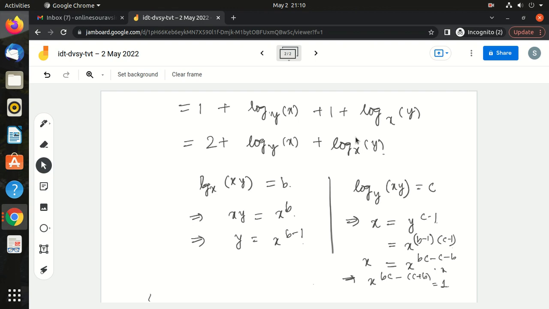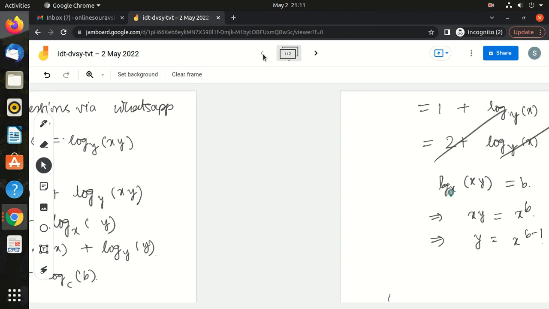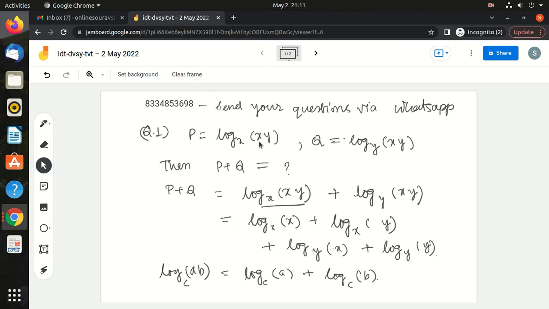Are you there? Can you explain the last 3 steps again? So what I get here, you forget all these things, okay? If you look at the question, go back, P equal to log x of xy, I have written just b. So here b is actually p, log x of xy equal to b.